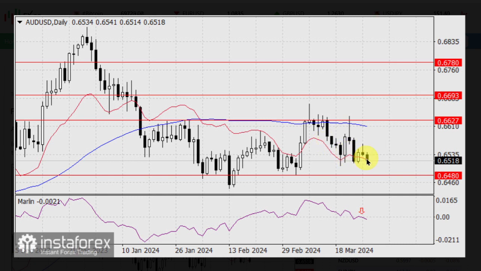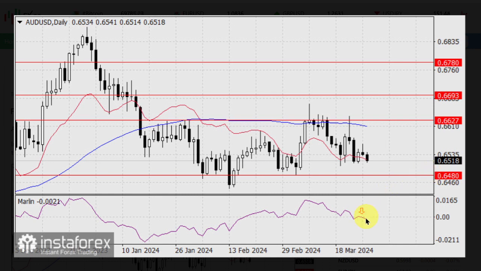It appears that the price consolidation turned out to be a false move, and as a result we can expect downward movement in the medium term, at least towards the target level of 0.6480 as the first target and 0.6410 as the second target.